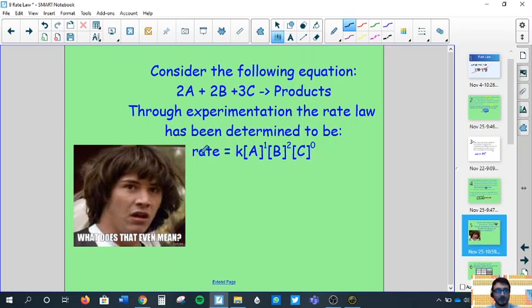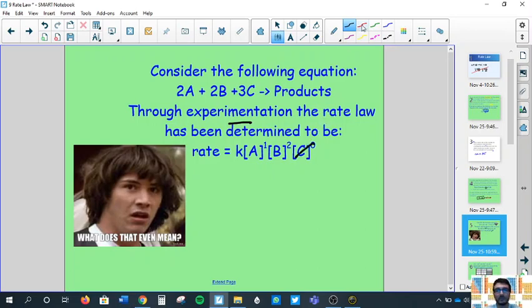You write rate equal to K as your rate constant, and then the concentration of A, in this particular example, to the power of 1, and B will affect the rate exponentially to the power of 2, and C, the concentration of reactant C, will affect the rate to the power of 0, which really means it has no effect.